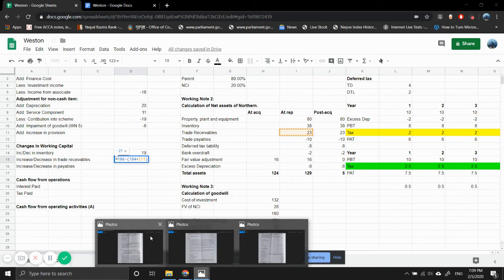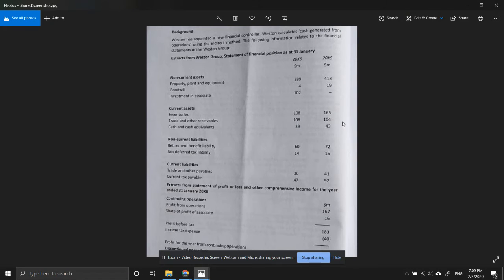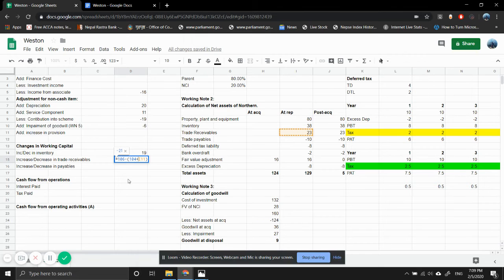So 106 was the which figure? Okay, 104 minus that figure, right? Since it has increased, what should happen is that basically it will be this figure minus 106, okay? Minus 106. Just to make it a minus, okay? Because trade receivables have increased, right?